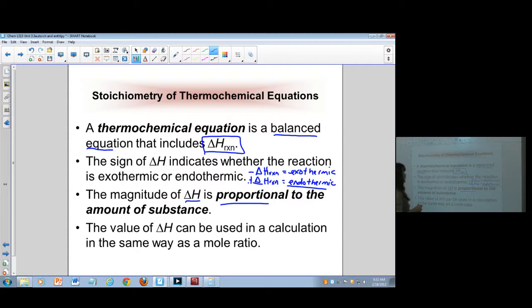And we'll look at that again in a minute. And so, for stoichiometry purposes, we're going to figure out a different ratio. And that ratio is going to be, instead of a mole to mole ratio, a heat to mole ratio, or an enthalpy value, either way, heat to mole or mole to heat.